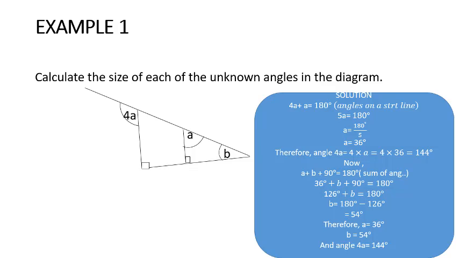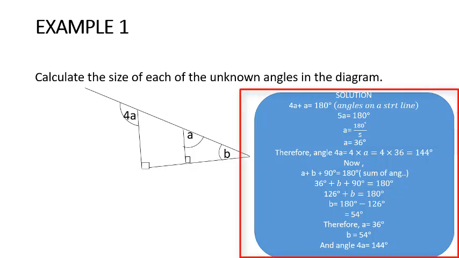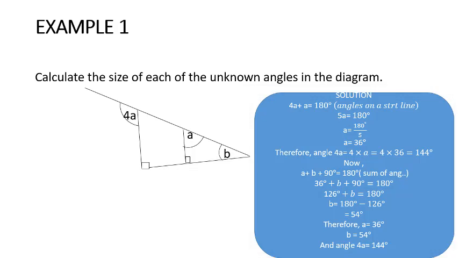Now let us focus on the solution. We are saying 4A plus A is equal to 180 degrees. Why? Angles on a straight line. Please, when calculating angles, don't forget to state the reason. In 4A plus A, we are saying that angle A and the angle which is not labeled are corresponding to each other, so these angles are equal.